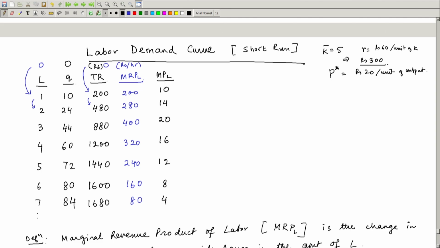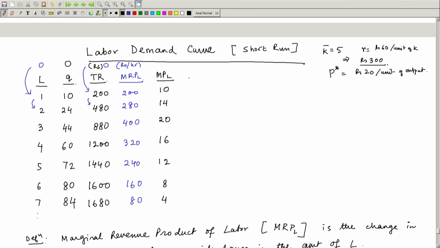You hired a particular labor unit, that labor unit increased the amount of pencils by a certain amount. You sold those pencils at some price, here it is 20 rupees per unit. So, you have computed the rupee value of the change in revenue when that particular labor unit was hired.